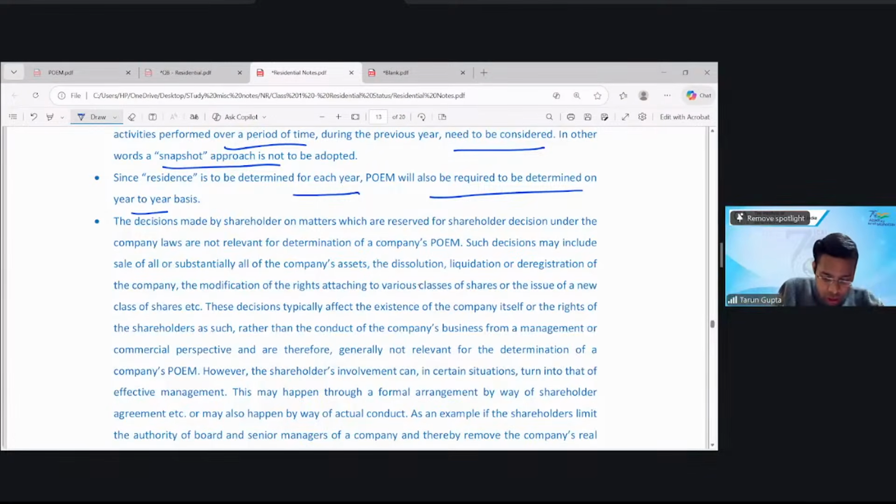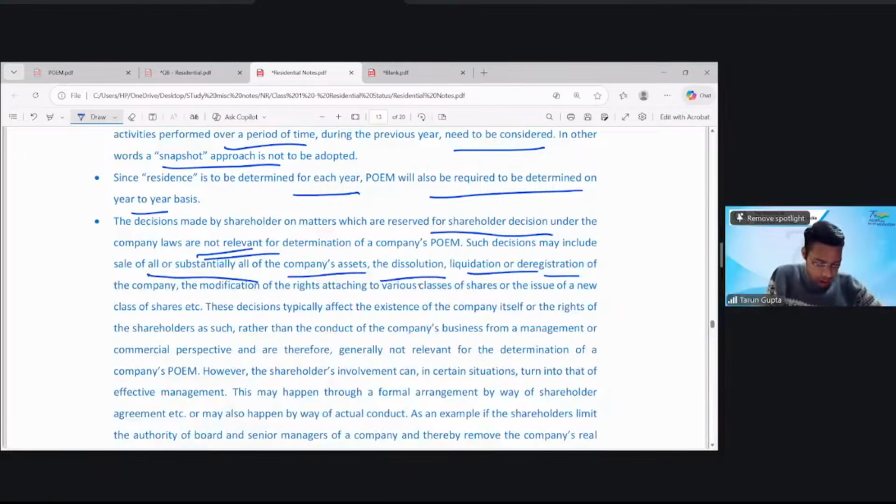The decisions made by shareholders on matters which are reserved for shareholder decision under the company law are not relevant for determination of POEM. Such decisions may include sale of all or substantially all of the company's assets, dissolution, liquidation, or deregistration of the company, delisting of the company, modification of rights attached to various classes of shares, or issue of a new class of shares.